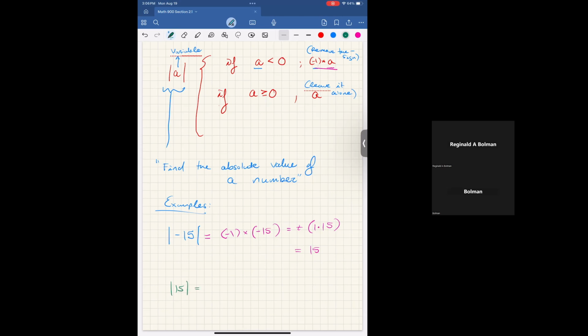Now, if I took the absolute value of 15, what would happen is taking the absolute value of 15 is essentially just spitting out the number we were given. So 15 is already a positive number to begin with. If I measured 15 feet with a yardstick, I could do that in any direction. It doesn't matter. 15 feet is 15 feet. So I'm just going to write 15 feet.